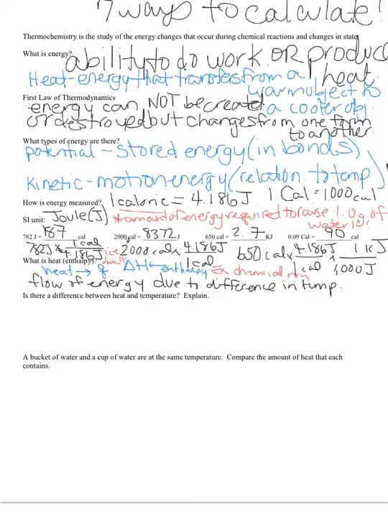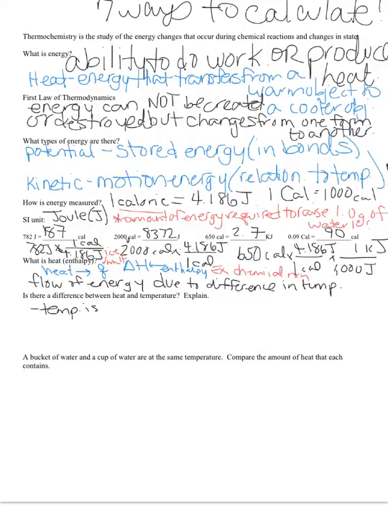The next thing that students have a little bit of difficulty with is describing the difference between heat and temperature. There is a difference between heat and temperature. They're not the same.